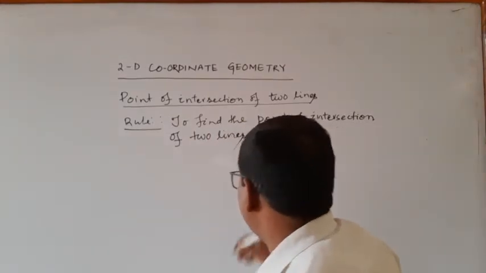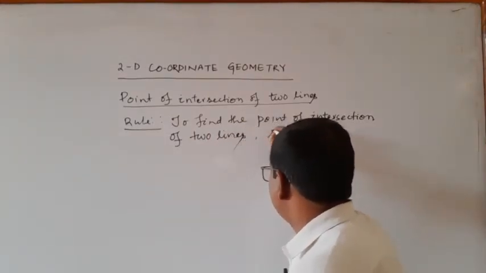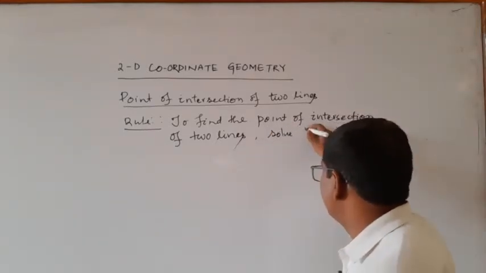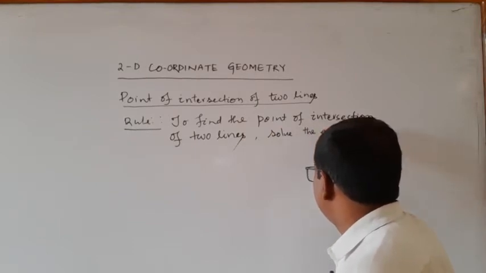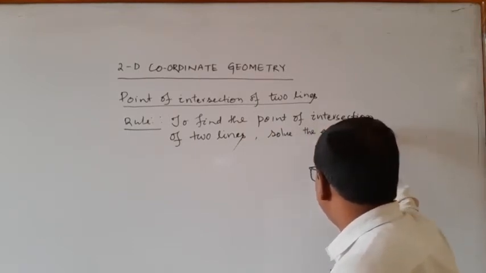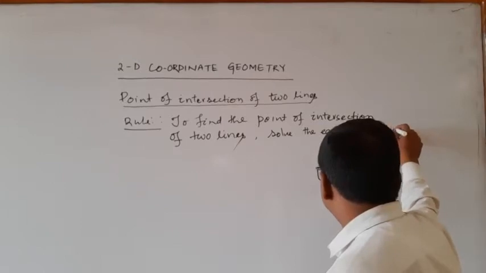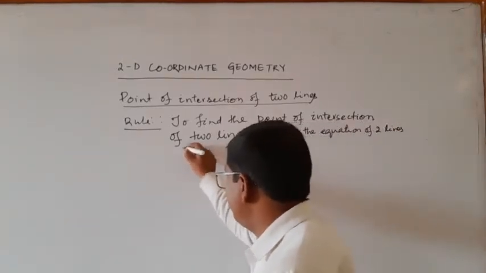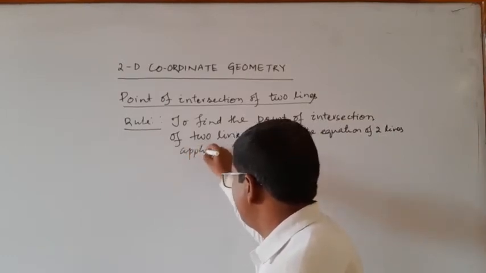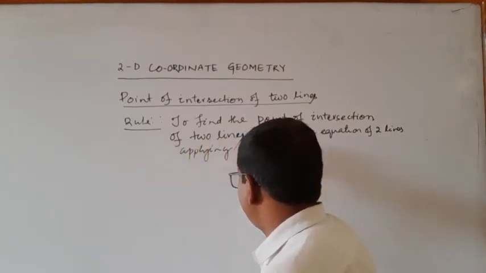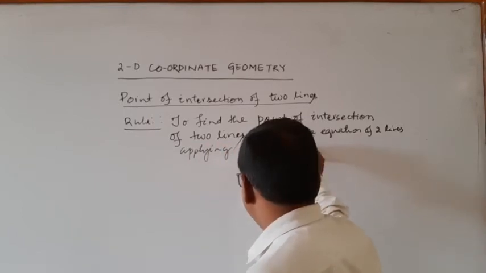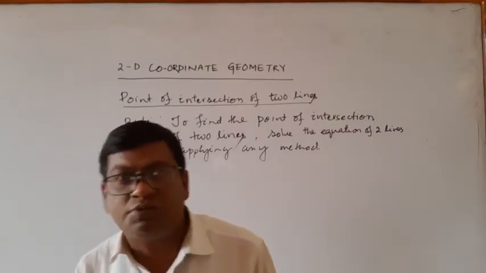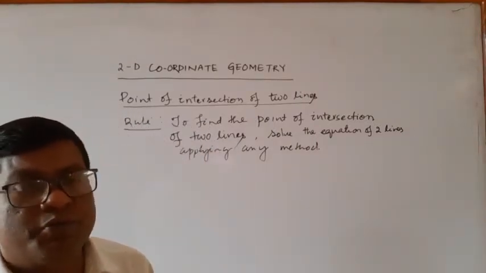Solve the equation of two lines. The rule is: solve the equations of the two lines applying any method, either elimination method or substitution method or cross multiplication method.